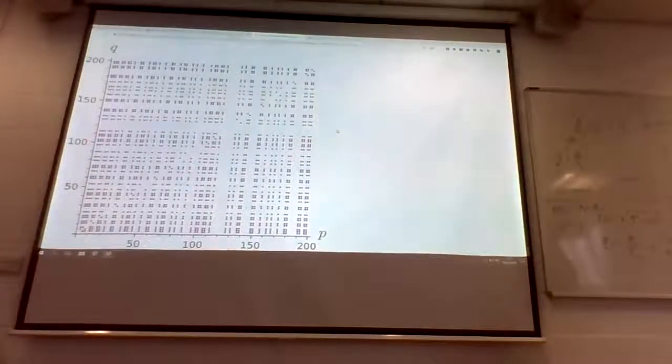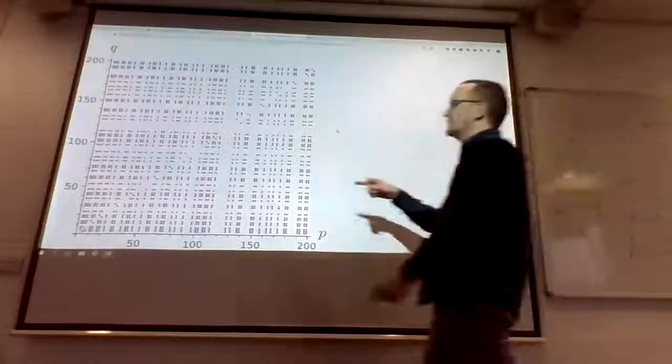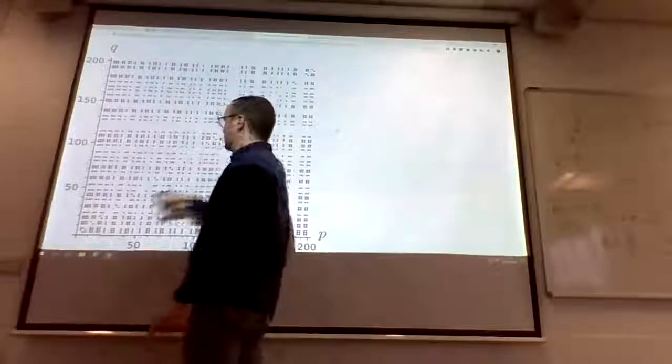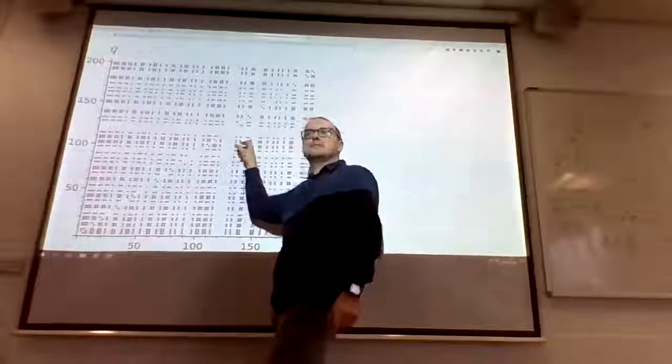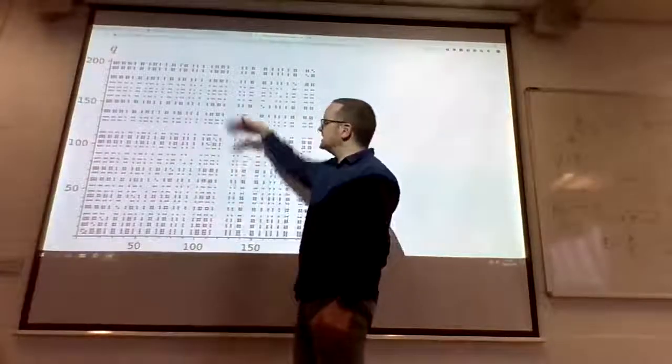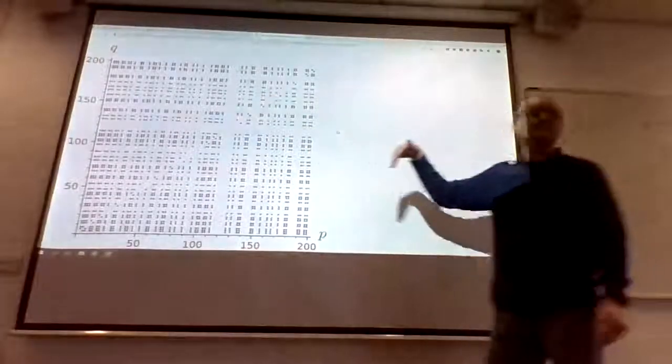Leading up to now we were looking for a connection between the residue status of P mod Q and Q mod P. So PQ and QP are the points opposite each other across the main diagonal. So the question is: is this plot symmetric?